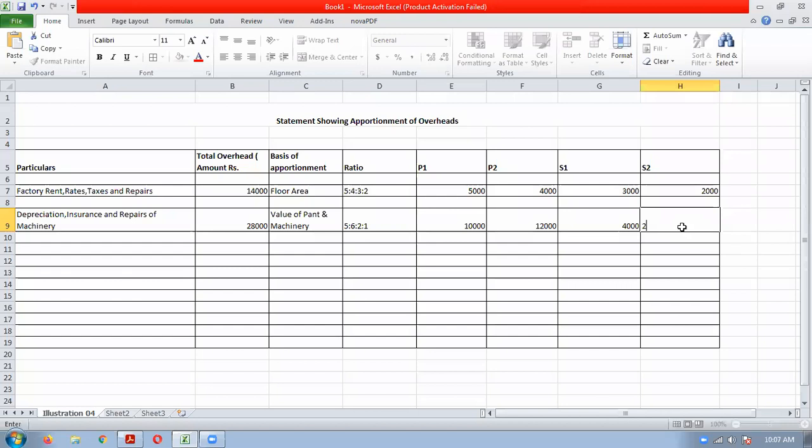Okay, good. So we have apportioned the depreciation based on value of machinery.